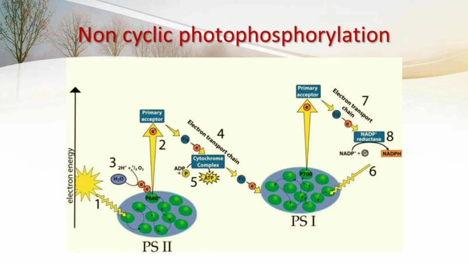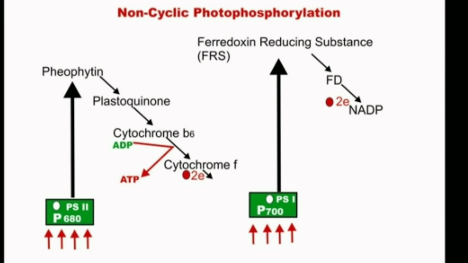From there again, from a higher level down, it passes through an electron acceptor, ferredoxin. From this ferredoxin, it then transfers to NADP plus.